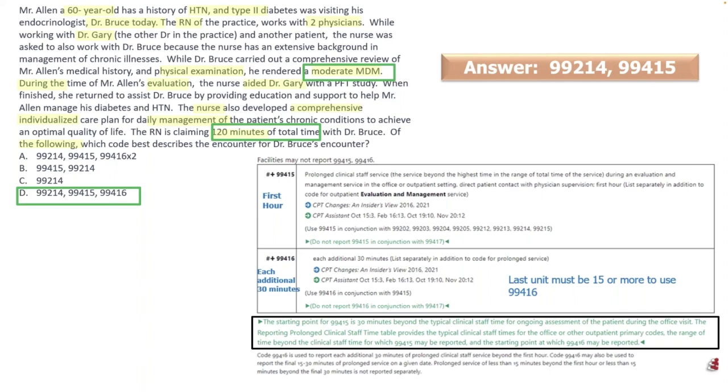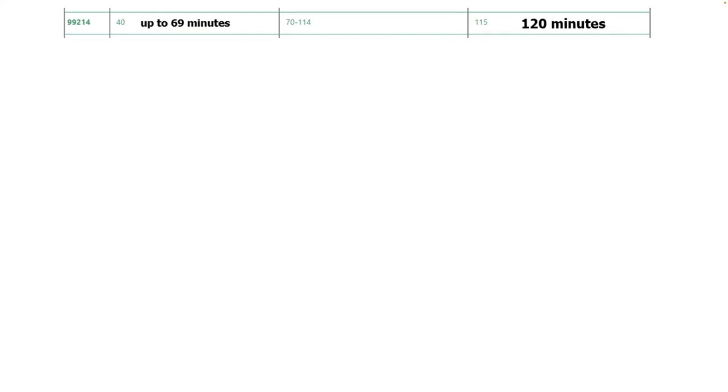So if the documentation specifies that time over, then you can go ahead and code it from the code series, right, from the codes with the code language. However, if they don't, you're going to have to use the typical time chart. And if you didn't understand that, I have a visual for you.